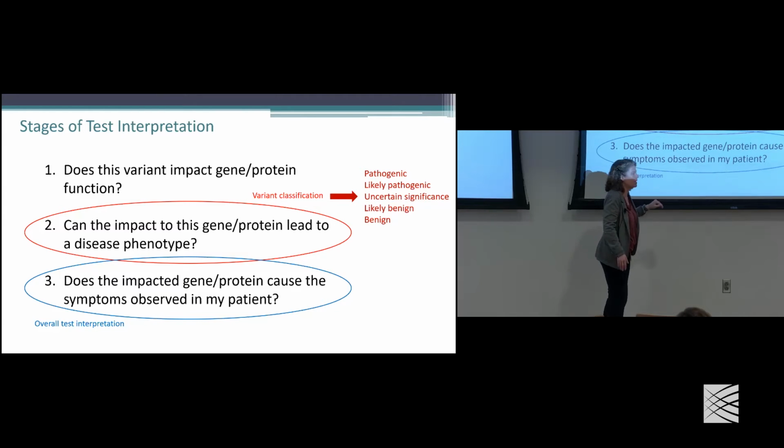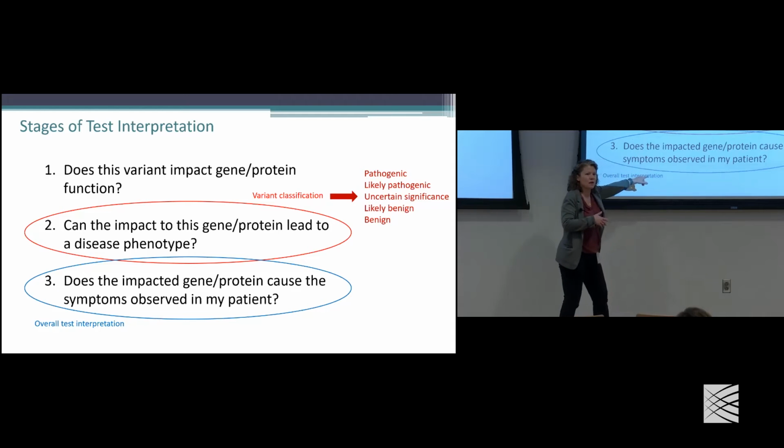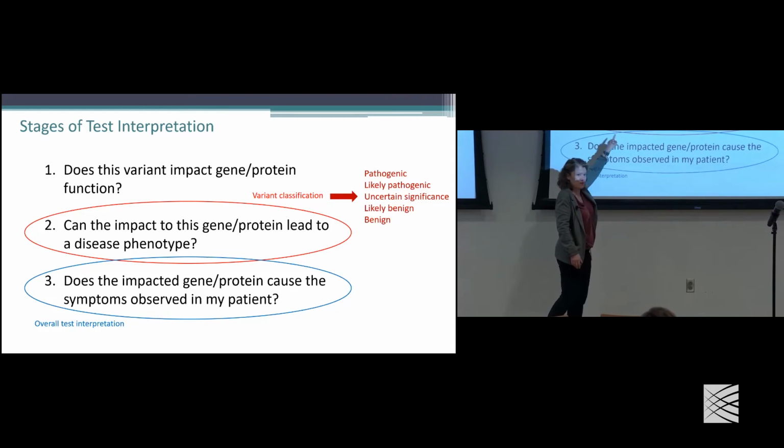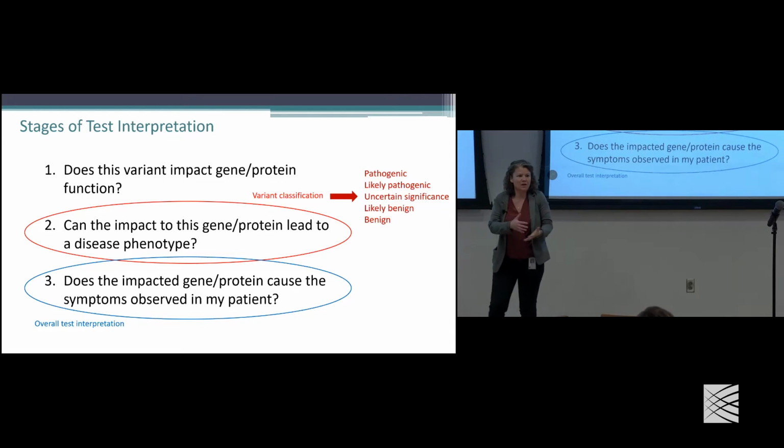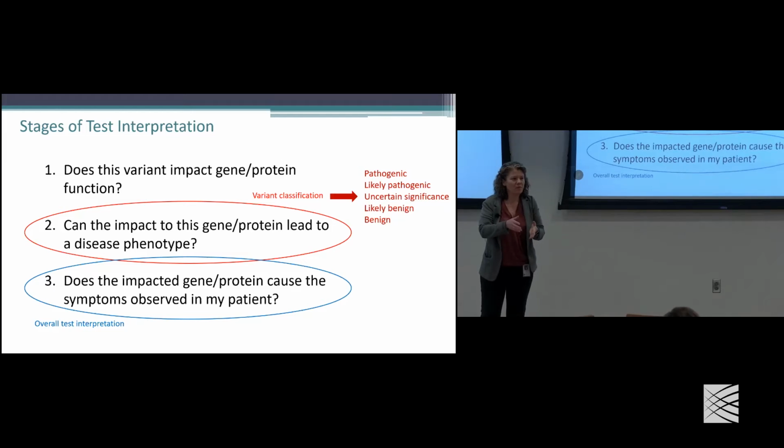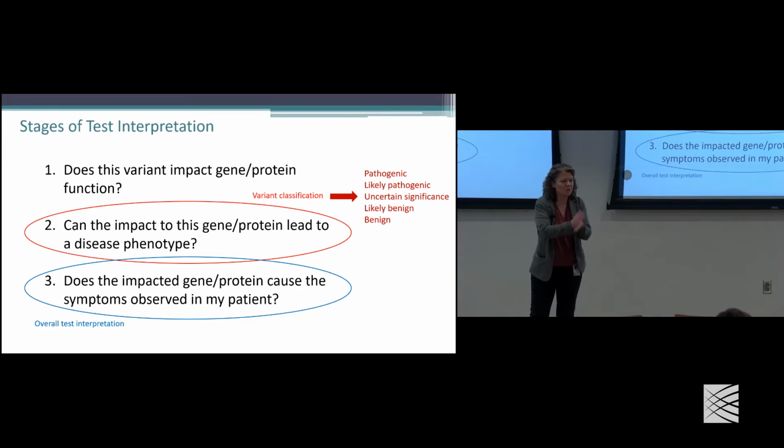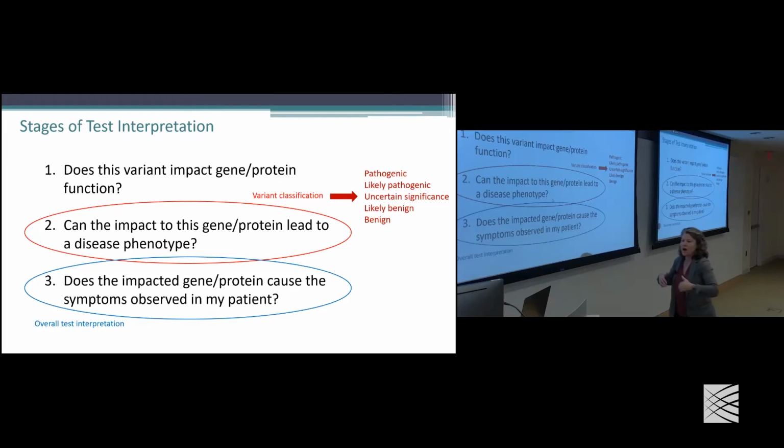The two aren't related. So this is a different step. I'm going to talk to you about step two, how we classify a variant's role in disease. But keep in mind, just because you find a pathogenic variant doesn't mean it's causing whatever your patient's phenotype is. That is a separate analysis that relates to correlation of phenotype between the patient and whatever the gene disease relationship is that you're talking about.